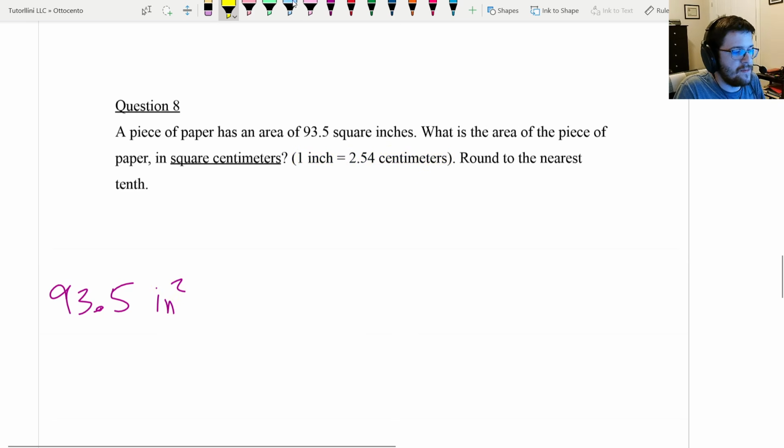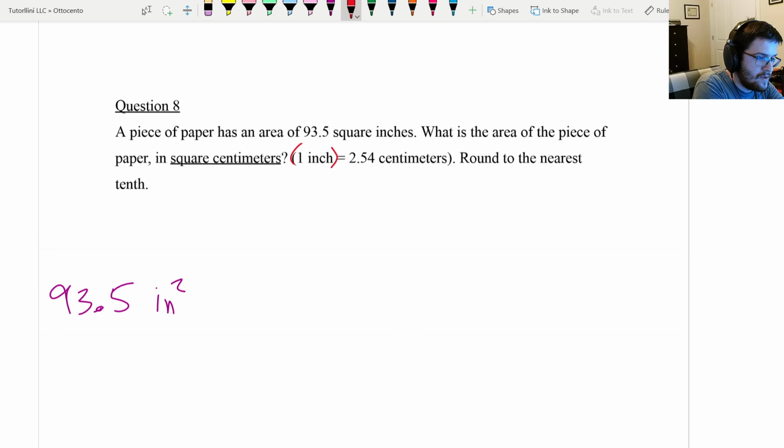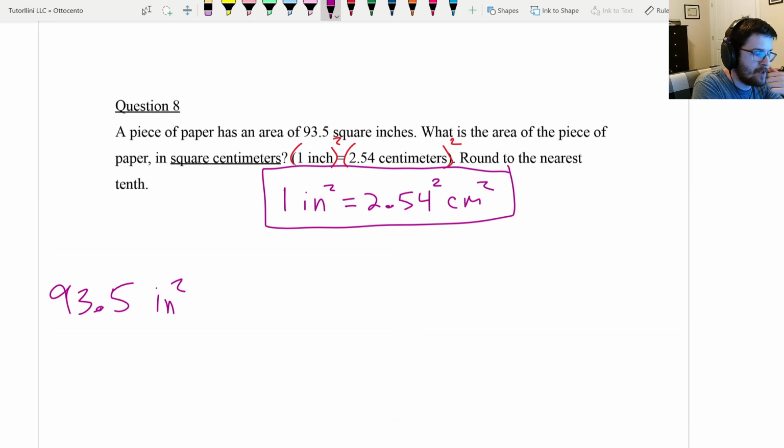So we have to do what we did before, which is we have to square both sides of the unit conversion to get square units. So we get 1 inch squared, which is 1 inches squared, and 2.54 squared centimeters squared. So that's actually going to be our conversion factor.